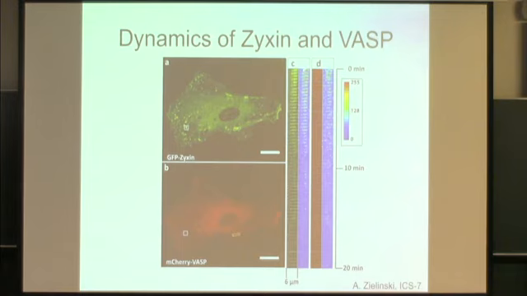And what you see here are individual images taken after a certain time. It's those 20 minutes. And you see in the beginning, we have a huge signal in zyxin that decays away after a while. And we have the same in VASP. Next to it is a false color representation. In this red VASP channel, it's better to see in the false color representation. So in both systems, we have a relaxation of those fibers.